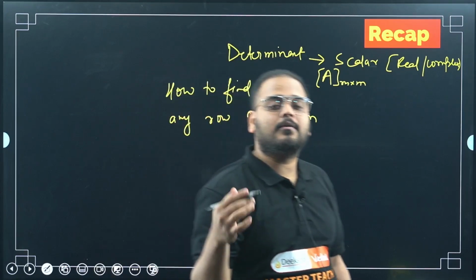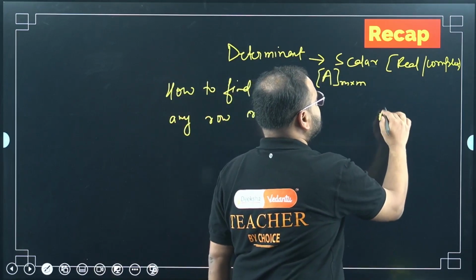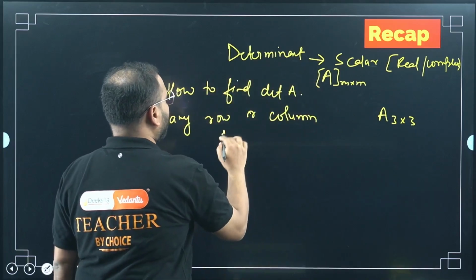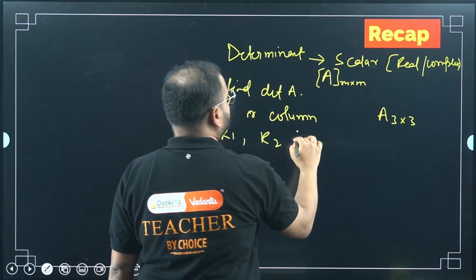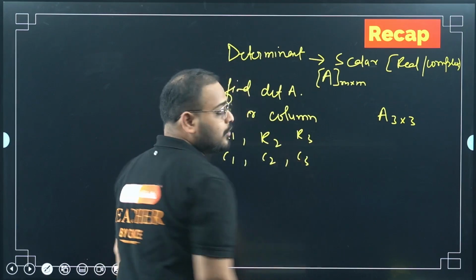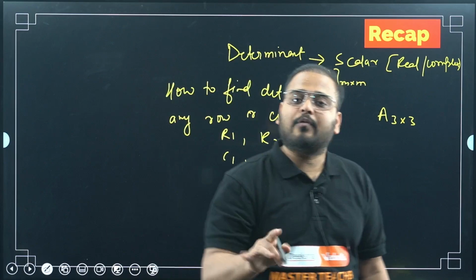Let's say the matrix is 3 cross 3. Whether you use row 1, row 2, row 3 or column 1, column 2, column 3, you can use any of these to find the value of the determinant.